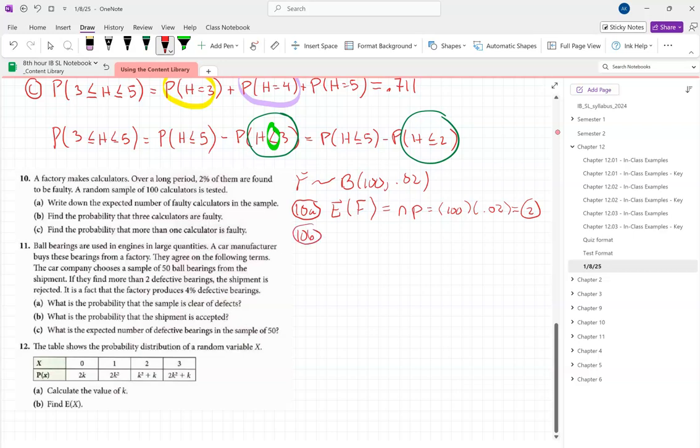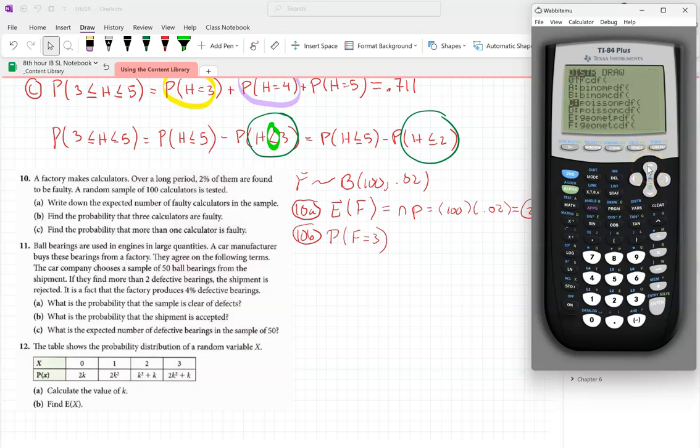So 10b says, find the probability that there are 3 faulty calculators. So that's just going to be the probability that F equals 3. CDF or PDF?